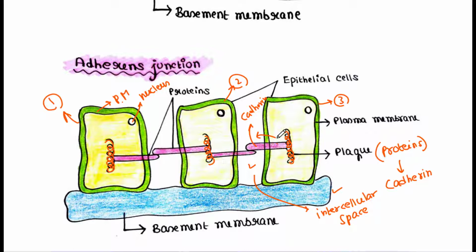Now this cadherin crosses the plasma membrane, is in the intercellular space, and contacts the next cadherin molecule found in the next cell. Again here you can see the cadherin protein coming from this plug, crossing the plasma membrane.